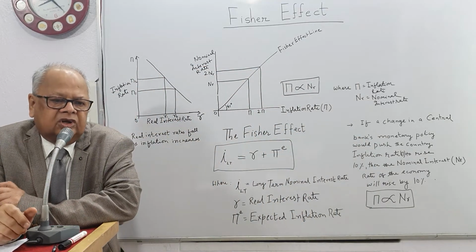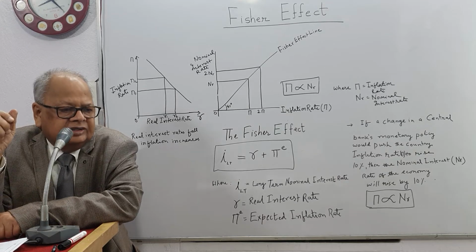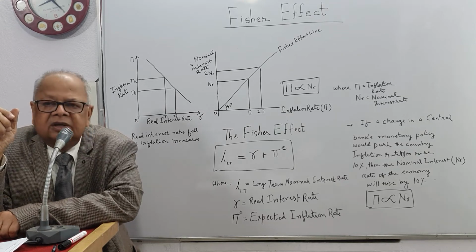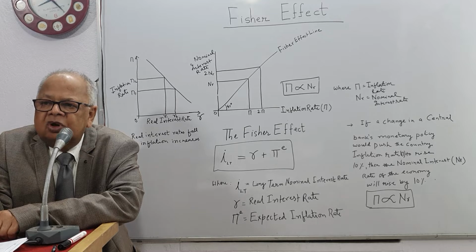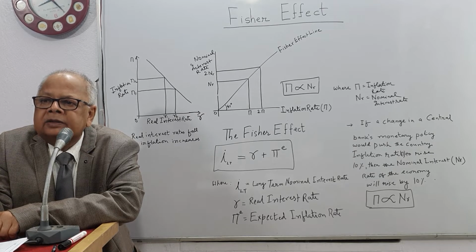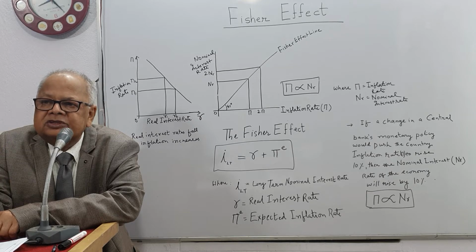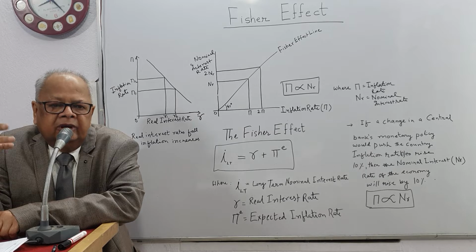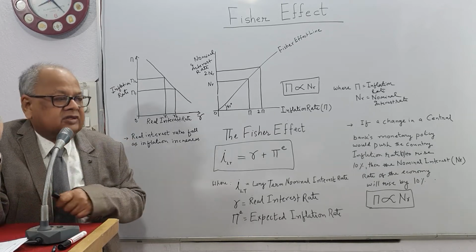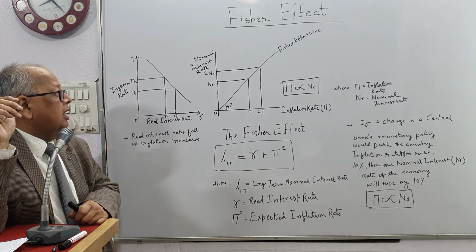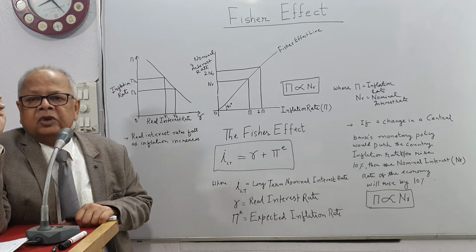Many neo-Keynesian economists have utilized this Fisher effect line to illustrate the dynamics of Keynesian economics, new Keynesian economics. And in the dynamics, we find different changes in the interest rate and its effect upon nominal interest rate.